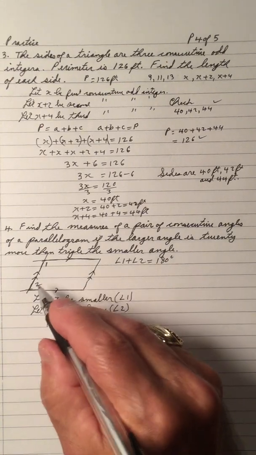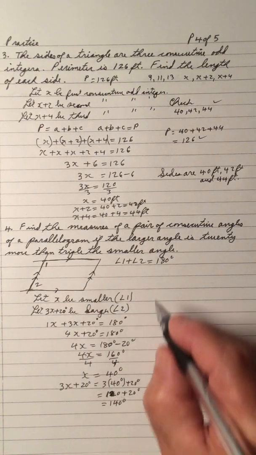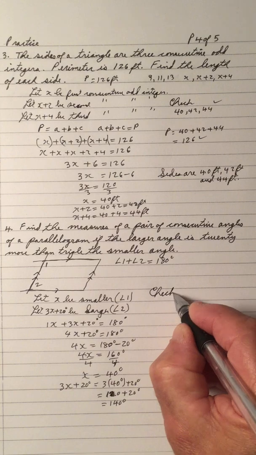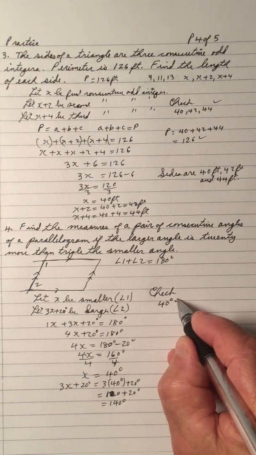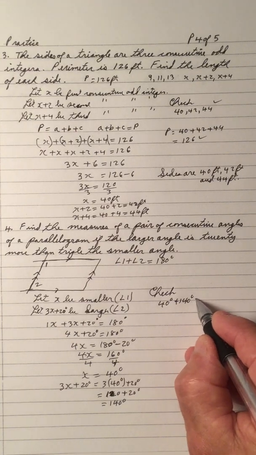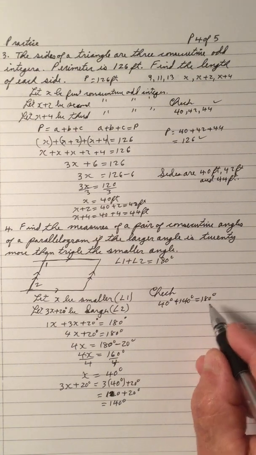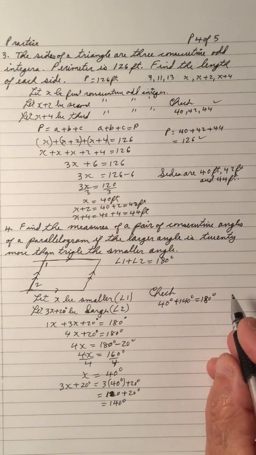So angle 1 and angle 2, the two angles are 40, 140, but let's check. And 40 plus 140 adds up to 180, so that's correct, 180.